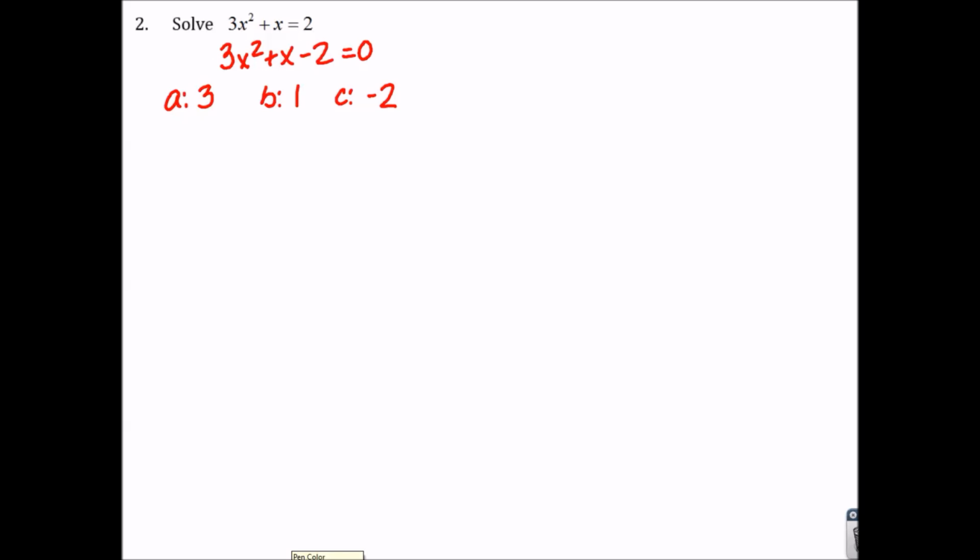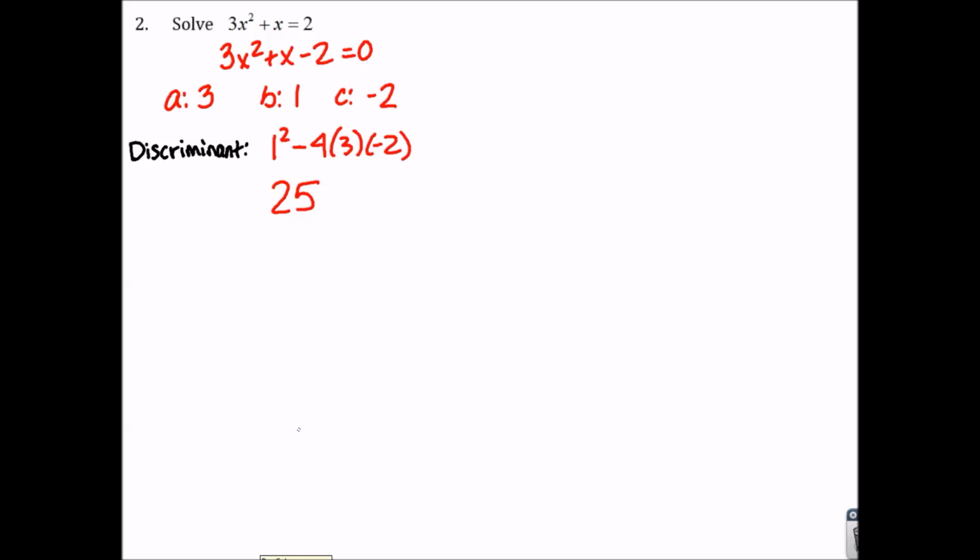Okay, then I can go ahead and find the discriminant, which is b squared minus 4ac. Then again, you can use your calculator to just type that in, see what that equals, and you get 25.